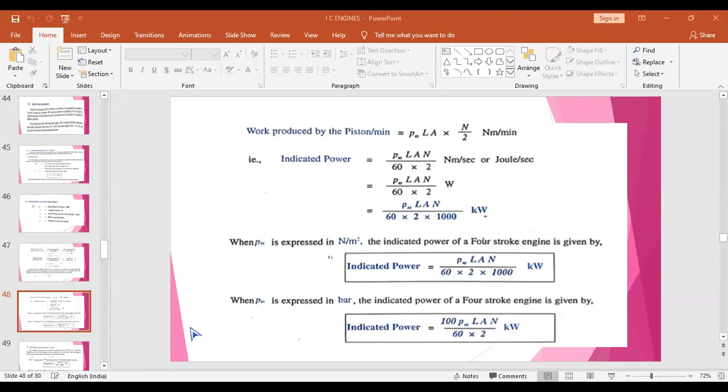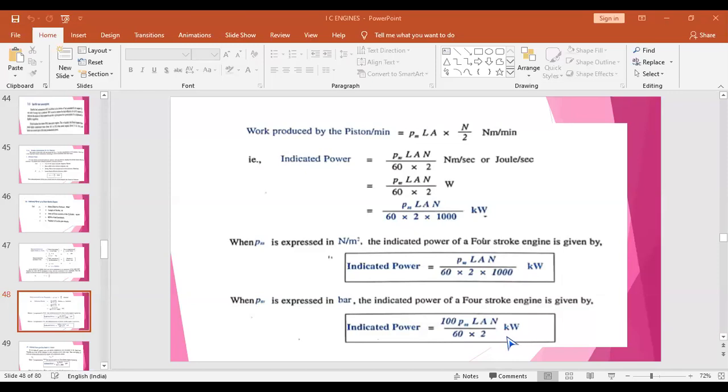Next, the indicated power when PM is expressed in bar. That's the pressure in bar. The indicated power of a four-stroke engine is equal to 100 into PM LAN divided by 60 into 2. For a four-stroke engine, remember all of you, the piston movement is 2 times.